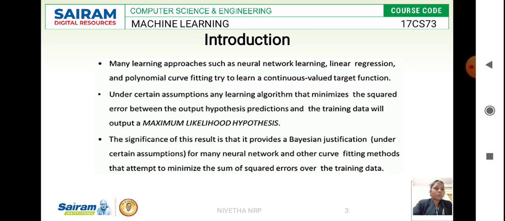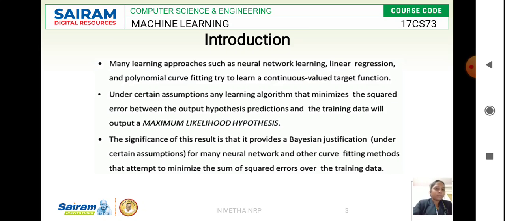Now what we are trying to implement is a learning algorithm which minimizes the squared error between the output hypothesis prediction and the training data. When you minimize that, when you have the minimal error of output prediction, it is going to give you the output with the higher likelihood, that is, the maximum likelihood condition.